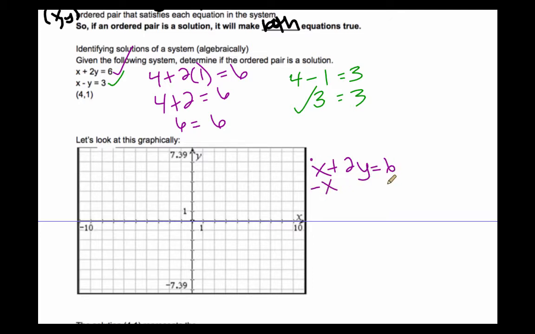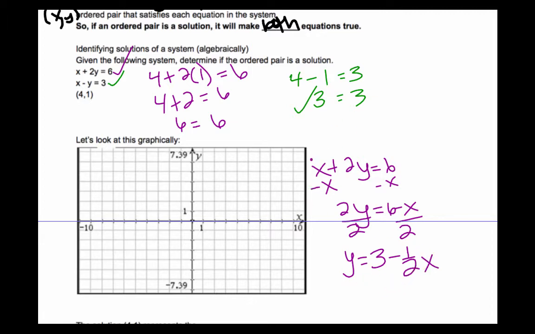I'm going to subtract x from both sides. You should be able to do this on your own. Maybe pause the video and do the work without me doing it for you. Divide by 2. So y equals 6 over 2 is 3. Now what's in front of this x? There's an imaginary 1. So this is negative 1 over 2, so minus 1 over 2x. So that's one of the lines that I'm going to graph.